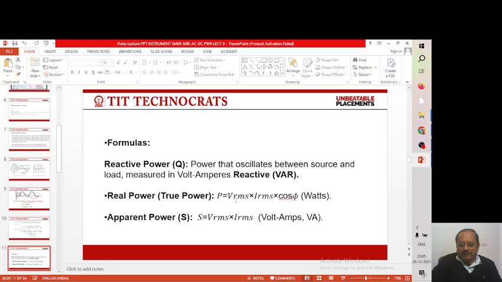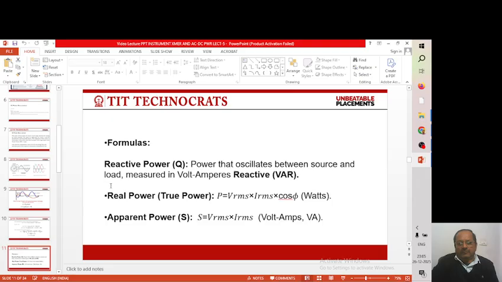The real power we have calculated on the previous page, and these powers also exist in the circuit.